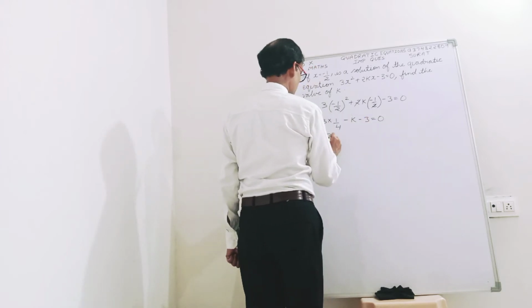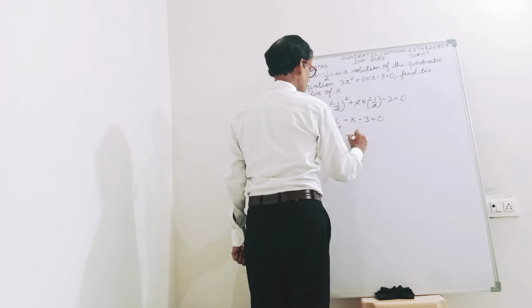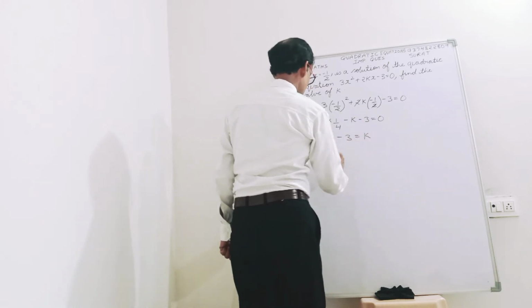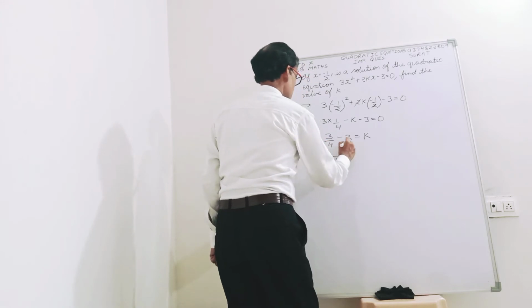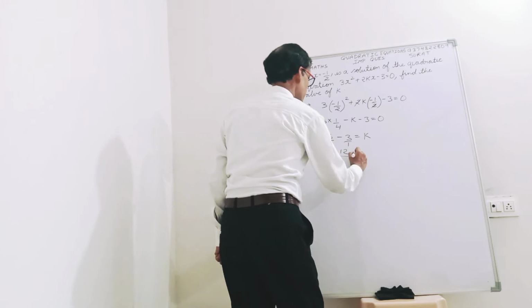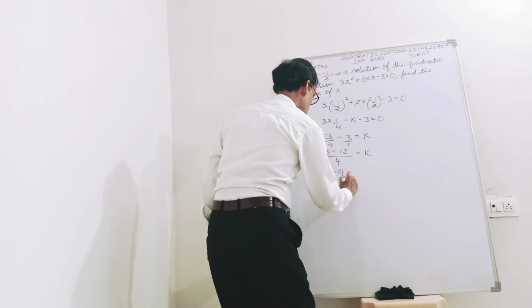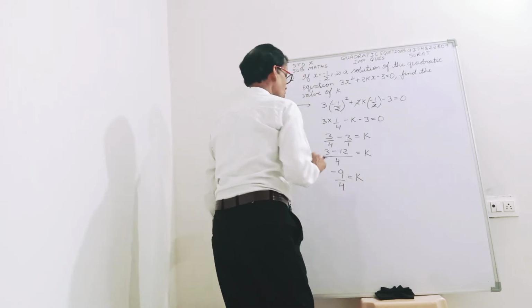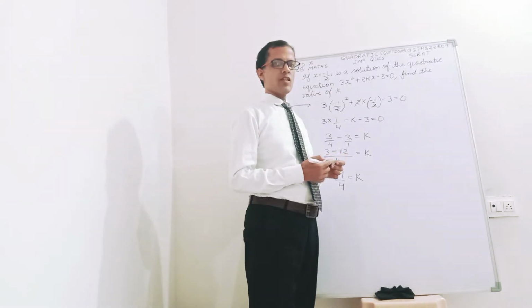Or you can say 3 by 4 minus 3 is equal to k. Take the LCM. 3, 4 3s are 12. So minus 9 by 4. So we get k equal to minus 9 by 4, and this completes our second question.